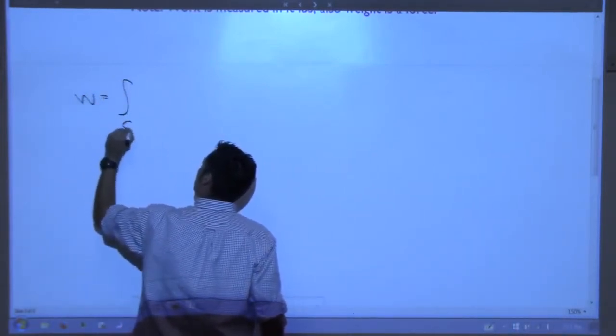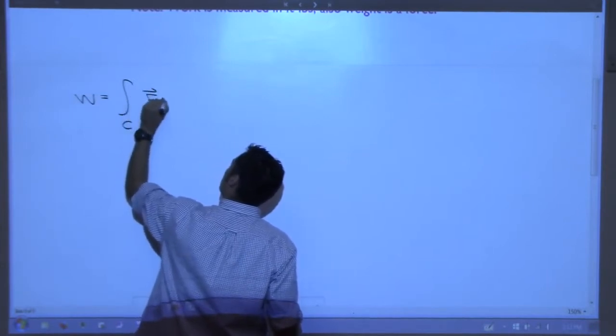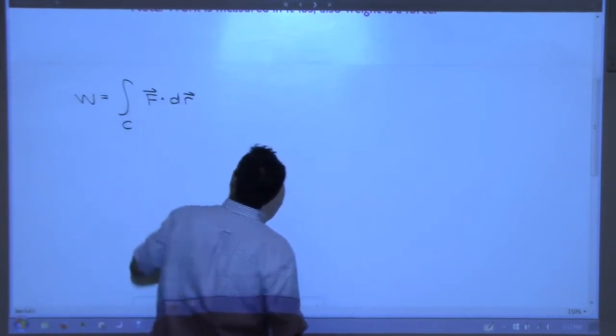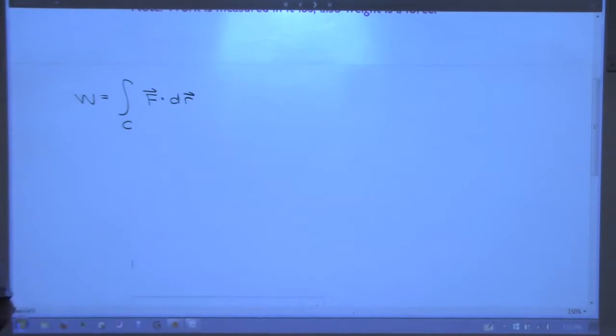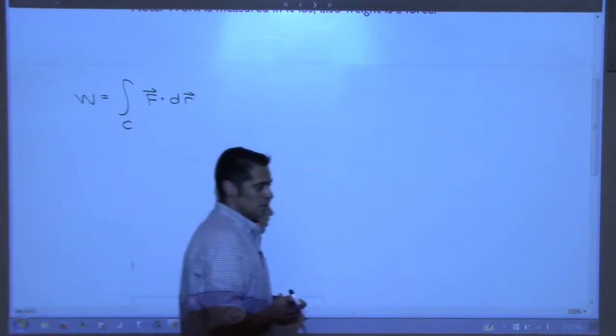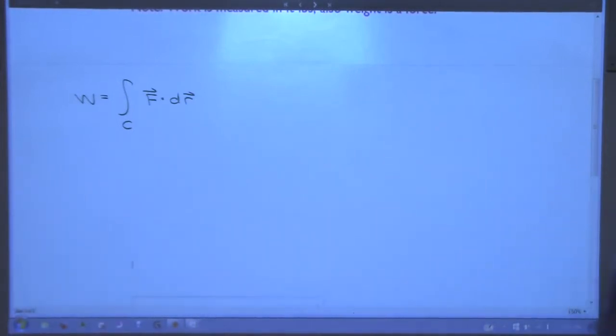Work is going to be equal to the line integral over C of F dot dr. So I'm going to need to know what is the vector field, and I'm going to need to know r, which is the path function. So what would you like to talk about first? Which one are you most comfortable with at this point?